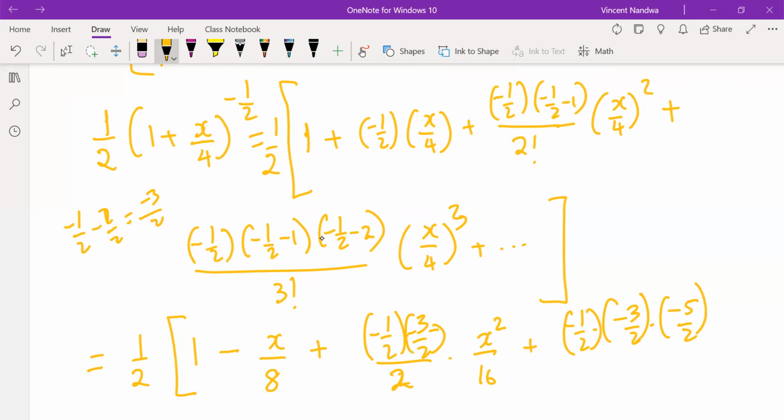When I open this, I'll get, so I divide this one by 6, x power 3 over 4 power 3 is 64, plus other several terms.